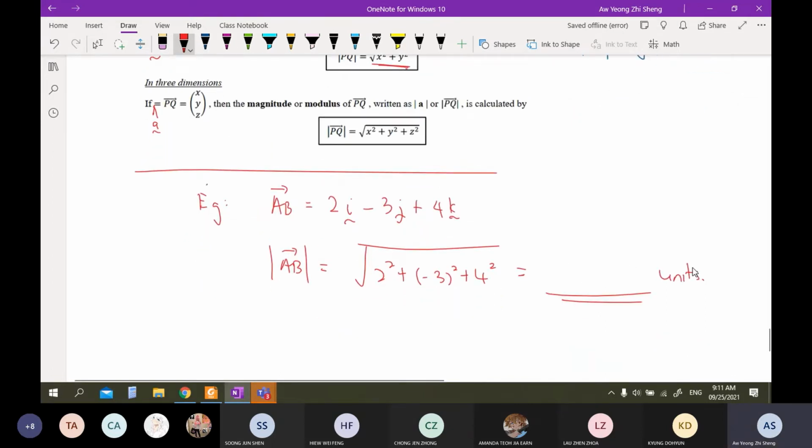If you forget to write the word units, don't worry, because you will not be penalized. And if you're wondering whether it is compulsory to write this negative here, it is okay to omit, because when you square a number, that negative will disappear anyway.